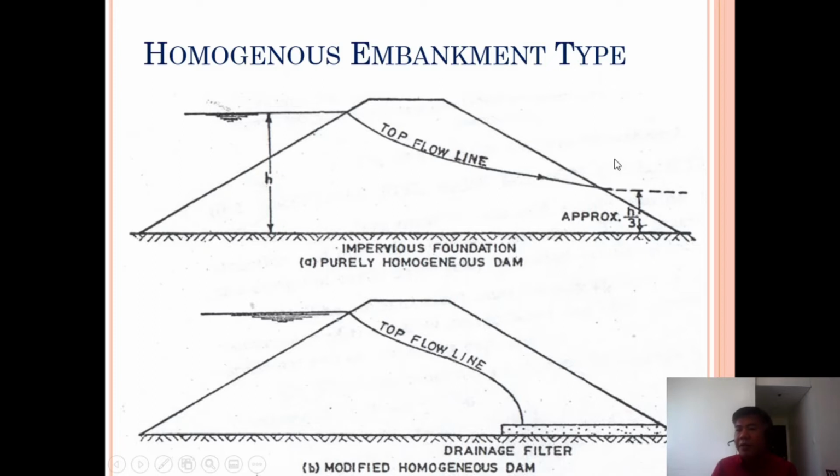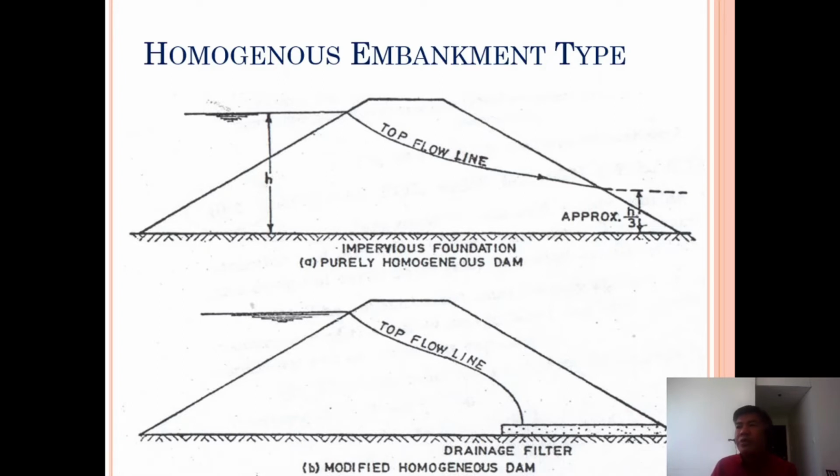It is very important because it will help the software analyze which part is saturated and which part is dry. Take note that you're going to input the dry unit weight of the material. But if you analyze the slope stability separately in this figure, the software doesn't know whether the area is dry or saturated.